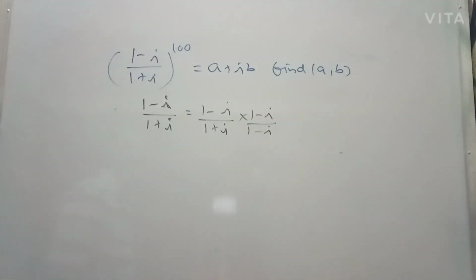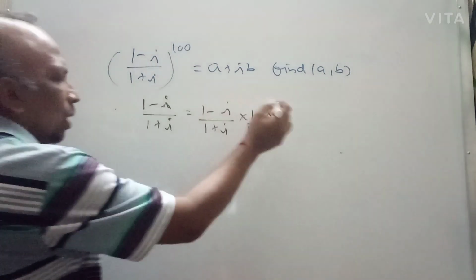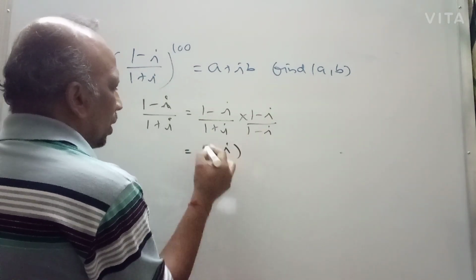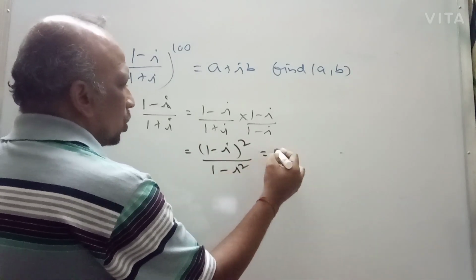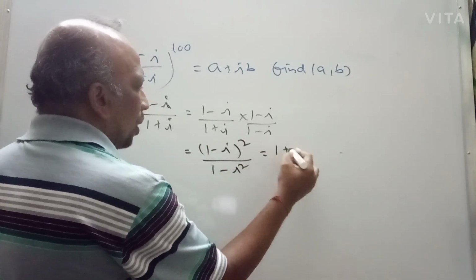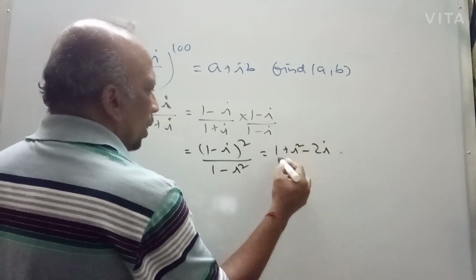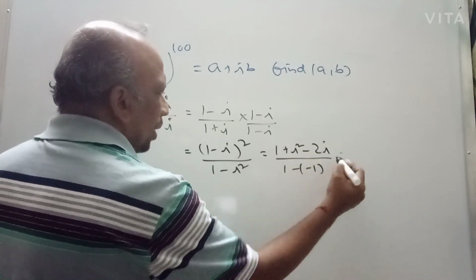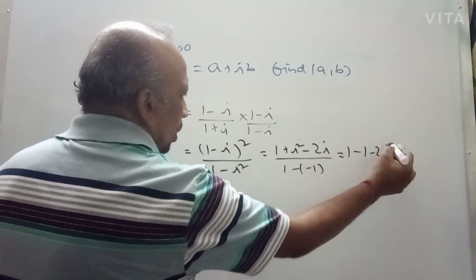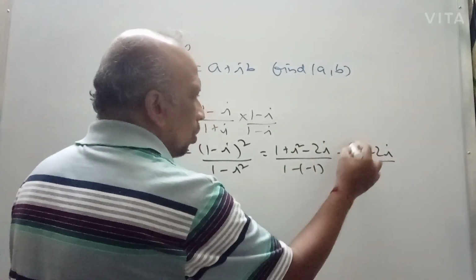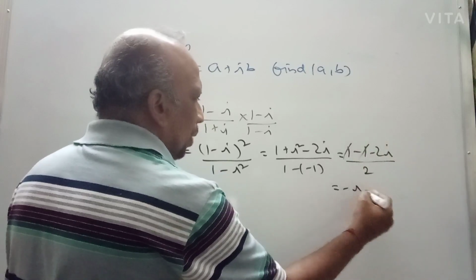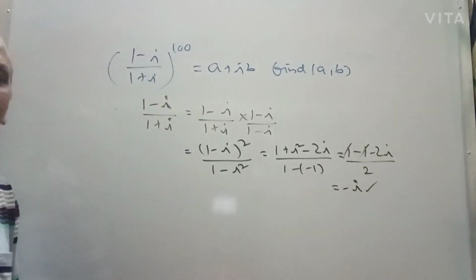You can see here this is (1 minus i) whole square by 1 minus i square. So expand this: 1 plus i square minus 2i by 1 minus of minus 1, because i square is minus 1, by this is 2. So you will get minus 2i by 2, the value is minus i.